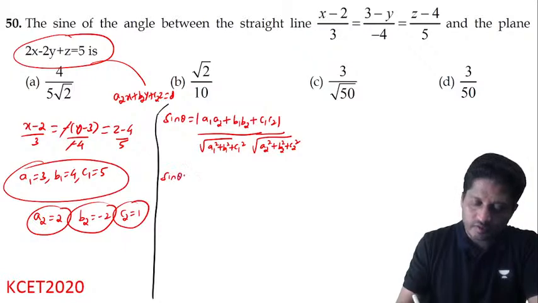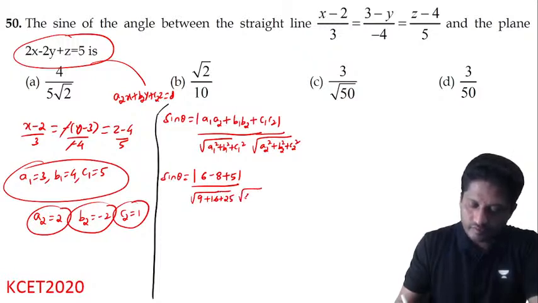Now sine theta is equal to modulus of a1 into a2 is 6, b1 into b2 is minus 8, c1 into c2 is 5 by root of 9 plus 16 plus 25 and root of 4 plus 4 plus 1.